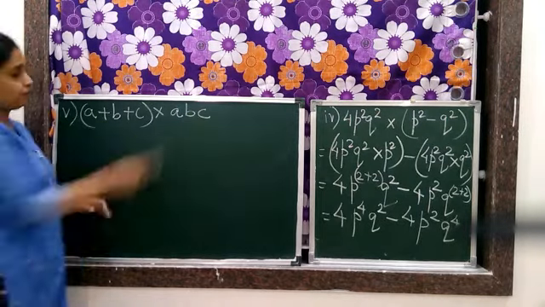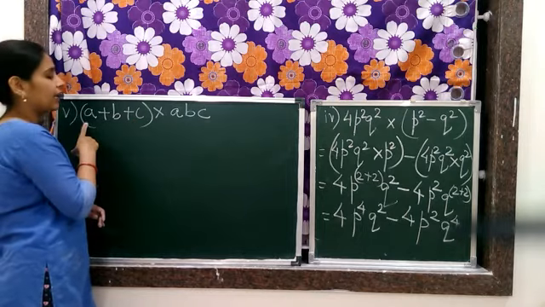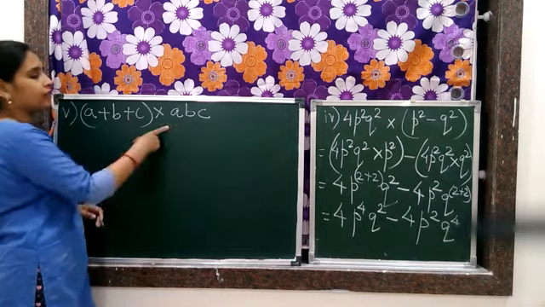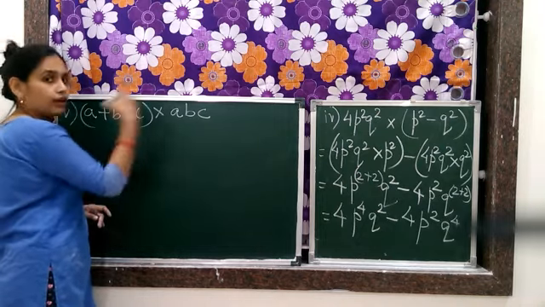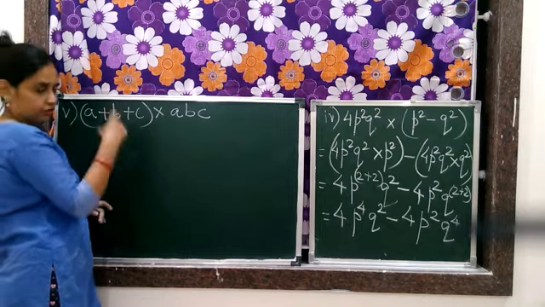Again, a monomial. So the term of the monomial, that is a single term, will be multiplied to all the terms of the trinomial. Okay, so abc will be multiplied to a, abc will be multiplied to b, abc will be multiplied to c.